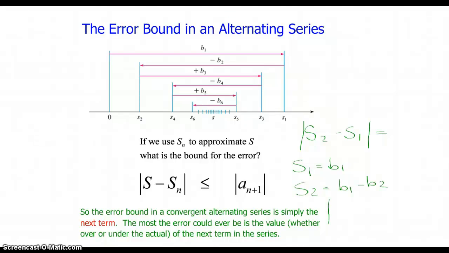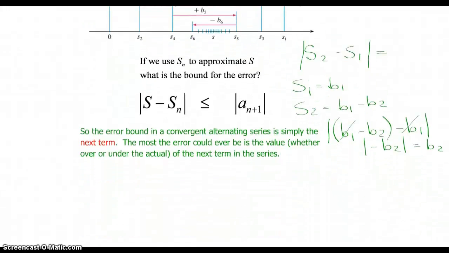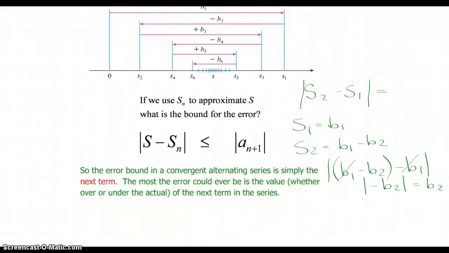So if we have the second partial sum, b sub 1 minus b sub 2, and we subtract from that the first partial sum, which is b sub 1, then the most the error could be would be b sub 2. That next term is the most that the error could be between those two.